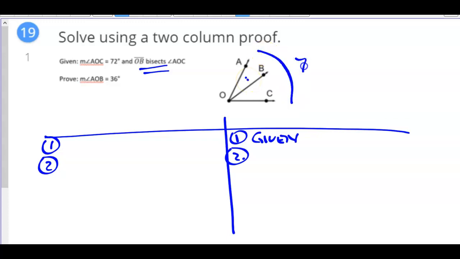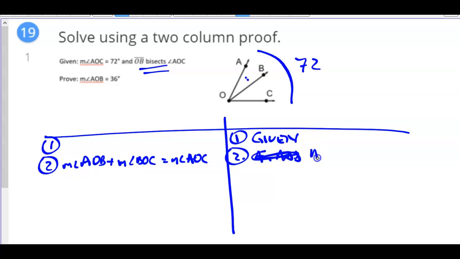What we know is this is 72, so we can use the angle addition postulate. Measure of angle AOB plus the measure of angle BOC equals the measure of angle AOC. Angle addition. Oh, that's getting too lazy.